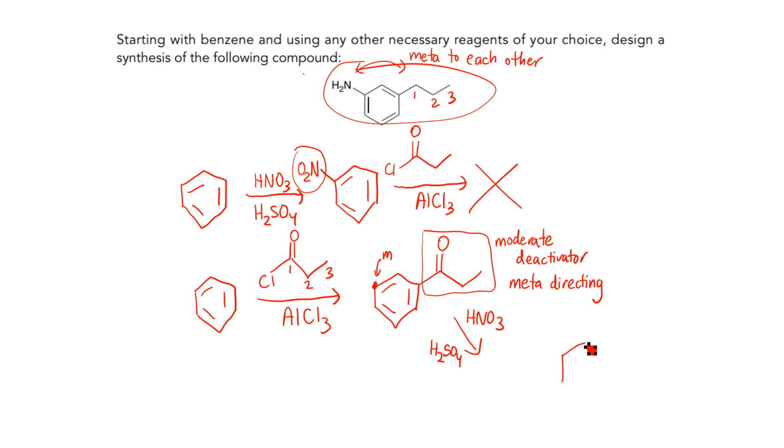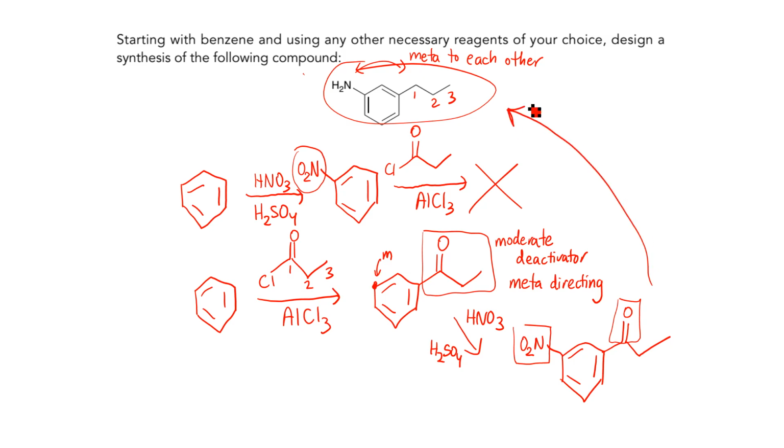Sorry, I'm just going to give myself a little more space here. And from here, we need to reduce both the carbonyl and the NO2 down. We got to get rid of them to make this. Now, luckily, you guys know that to get rid of NO2 and make it NH2, we just used zinc and HCl, right?